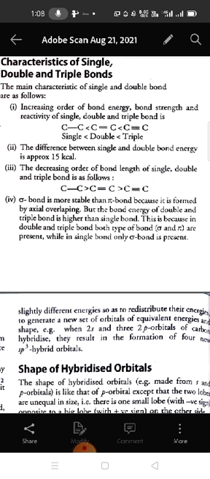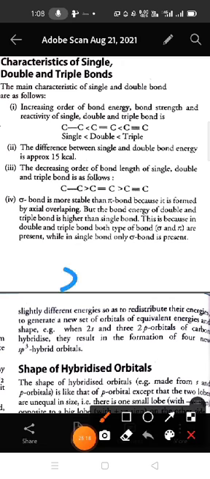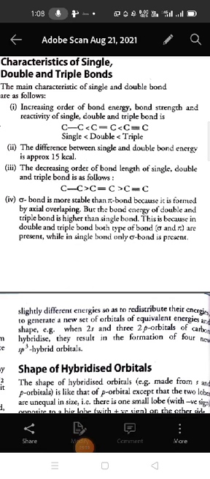Now we are talking about stability. A sigma bond is more stable than a pi bond because it is formed by axial overlapping. But the bond energy of double and triple bonds is higher than a single bond, because both types of bond have sigma as well as pi bonds.